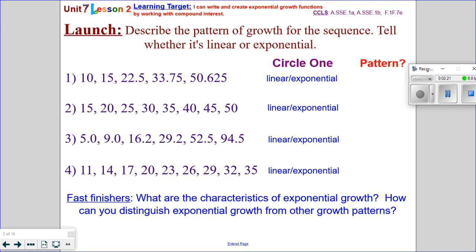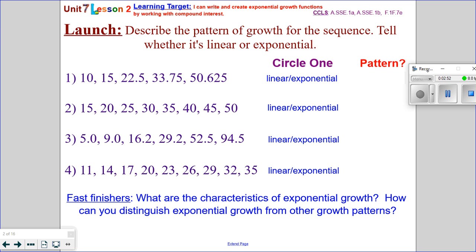You're describing the pattern here, and pretty easily use those loops that we talked about, going from one number to the next. If it's addition or subtraction, it's linear, right? And it basically stays the same. If it's multiplication, it's exponential. That's it. Right? So it's not that bad.